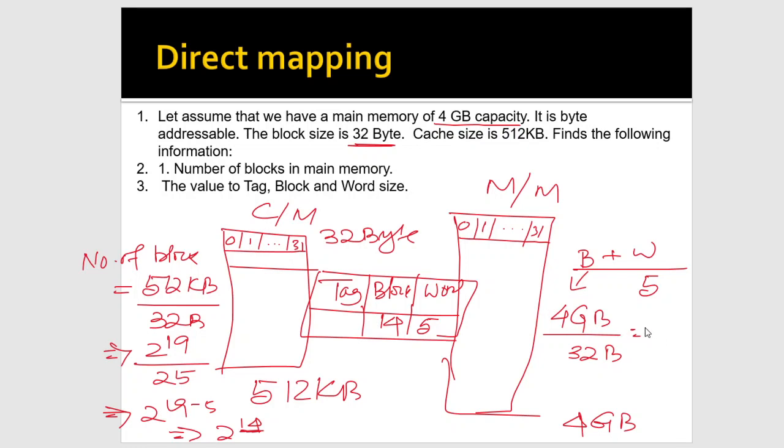Divided by 32 byte, which is 2 to the 5, this gives me 2 to the 27. That means 27 bits is my block address and 5 bits is my word address. So it will be 27 plus 5, a 32 bit address line.